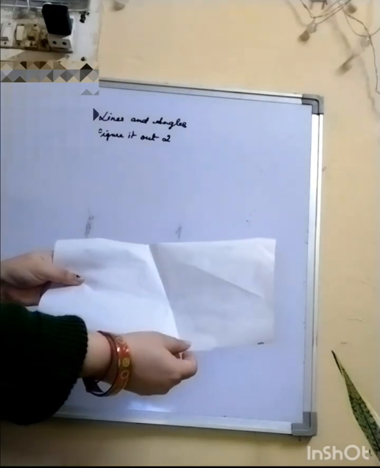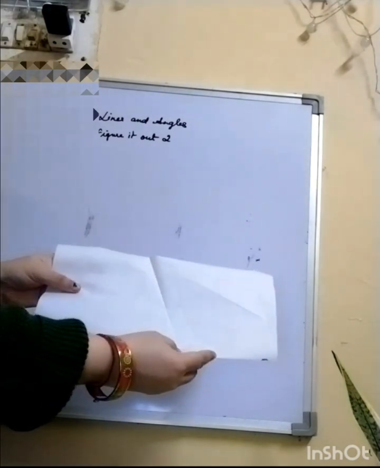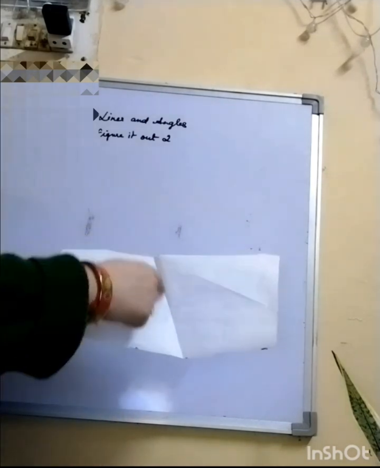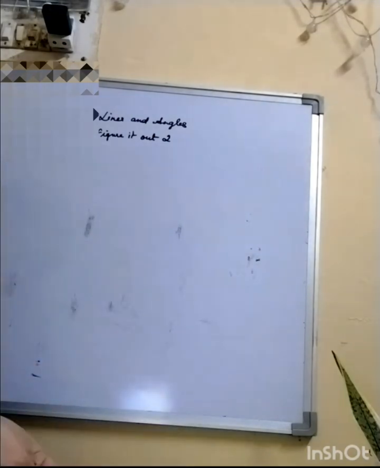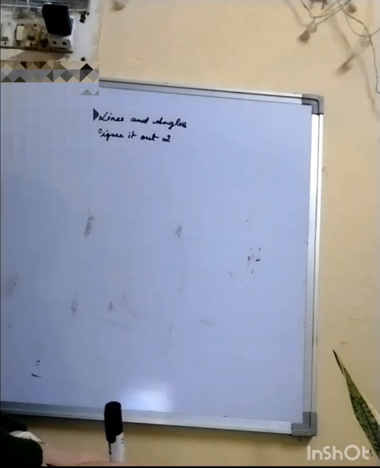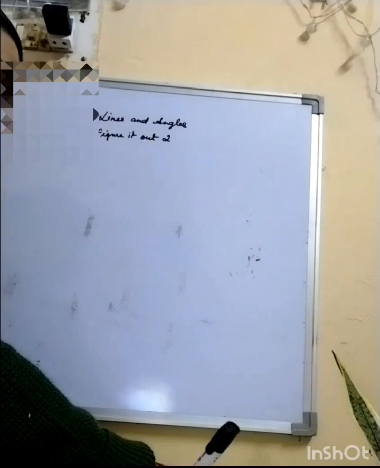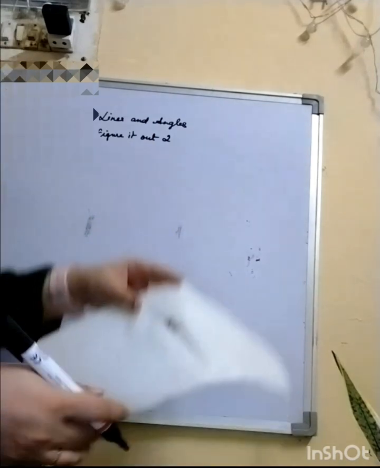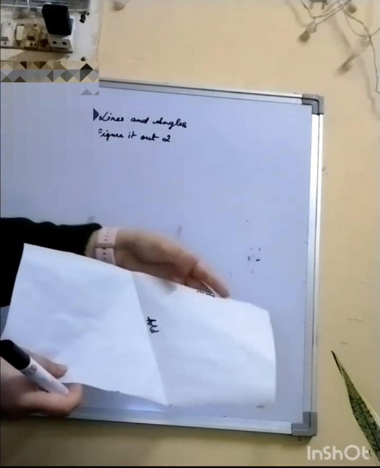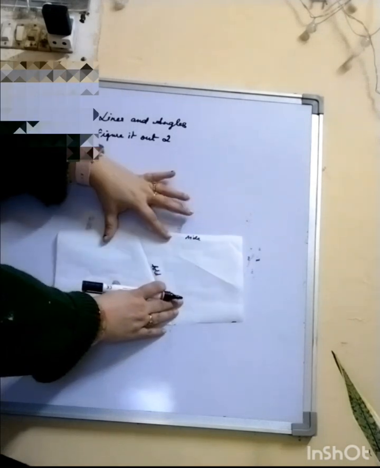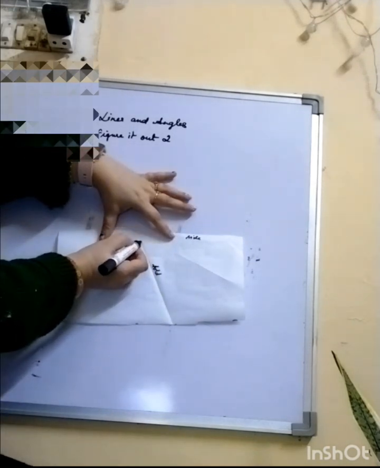So now you have to compare the angles formed between this fold and the sides. This is the fold and this is the side. So which angle do you need to measure?